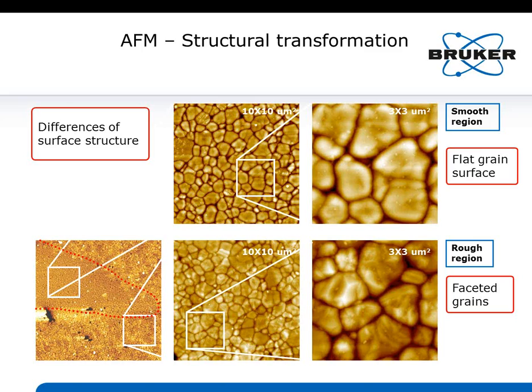On a larger scale, they were just grains, but now we can actually see that they look flat on the smooth areas, whereas they seem to exhibit some distinct facets on the rough area of the sample.